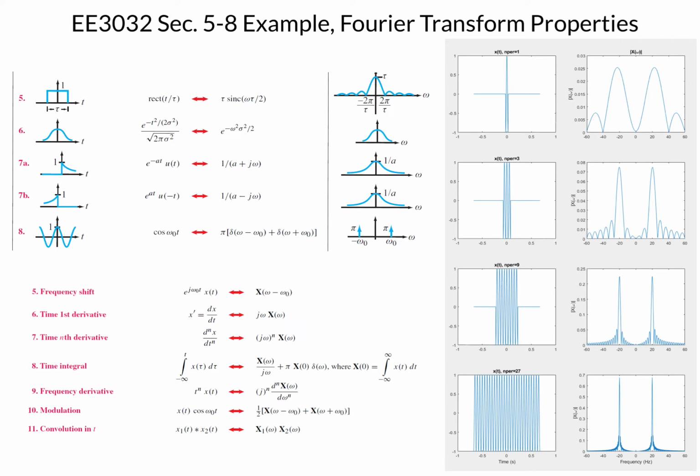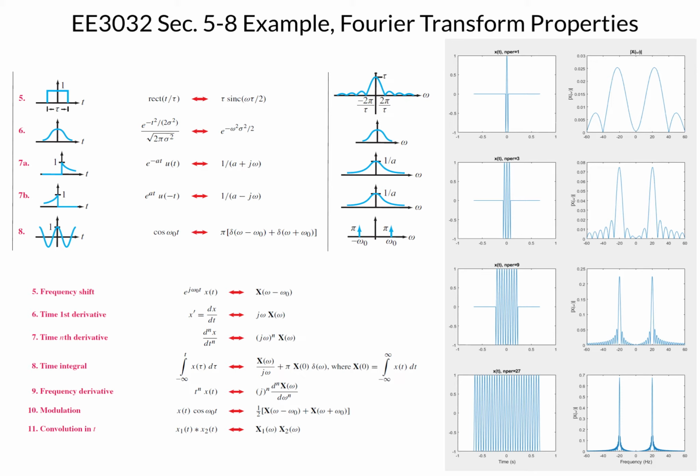You take half. So we can see that that is actually what's happening right here in the Fourier transform of one cycle. We have a sinc function centered at negative 20 hertz and a sinc function centered at positive 20 hertz.